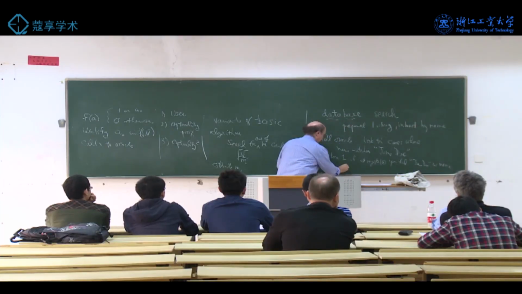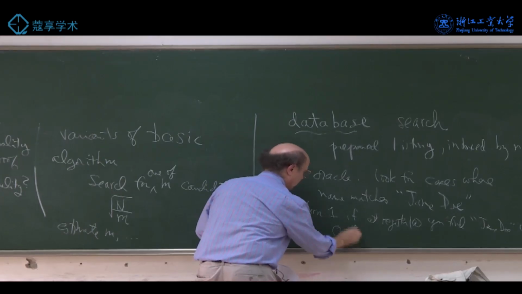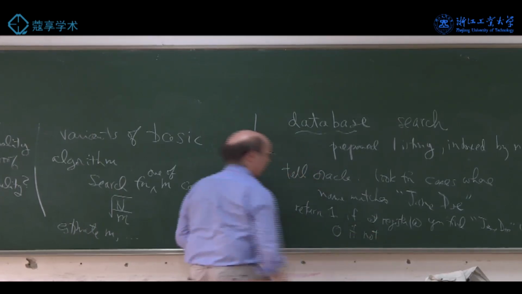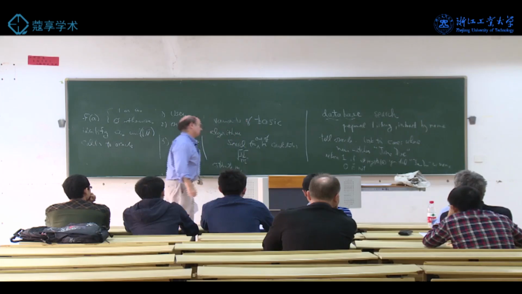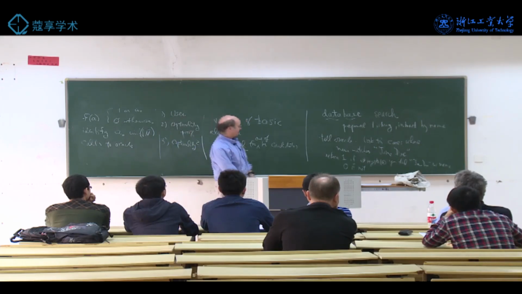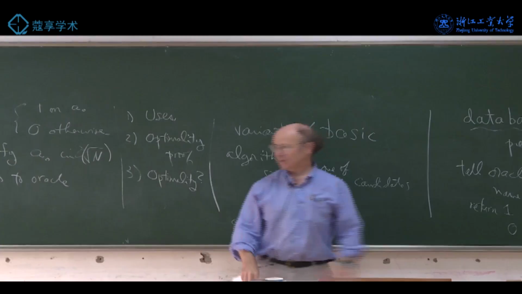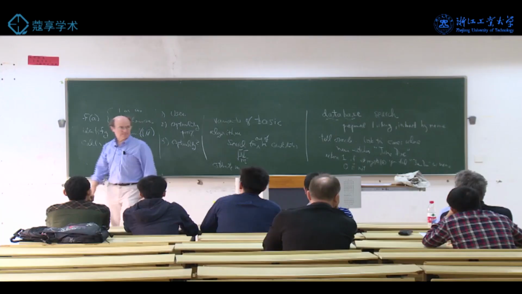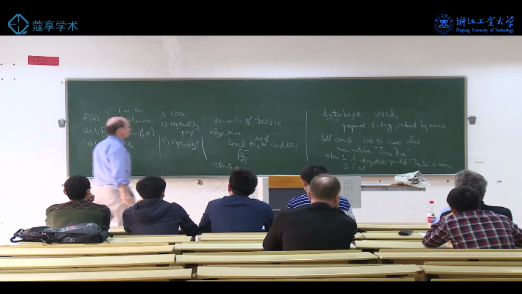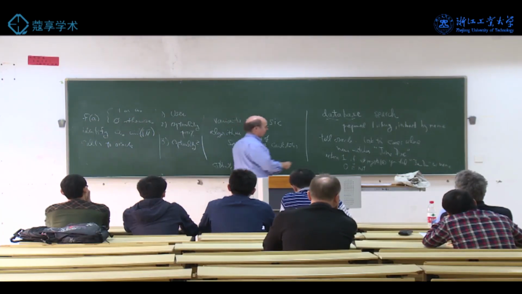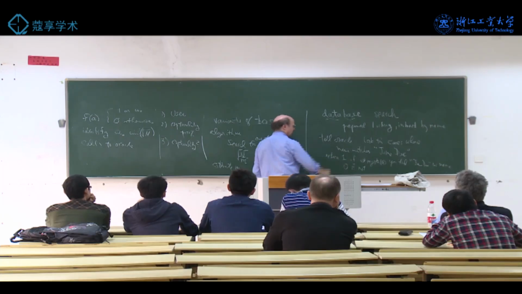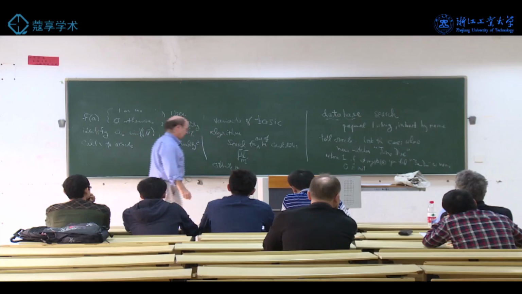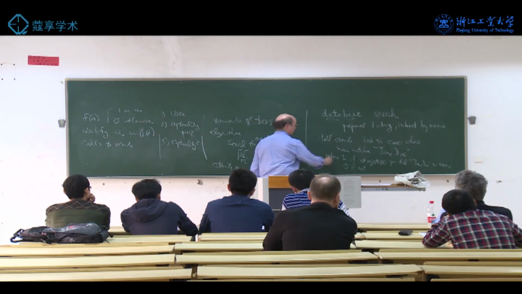And 0 if you find anything else as the name. And that gives you an oracle which is exactly of this structure. So the oracle is going to return 1 or 0 depending on whether you find Jane Doe or not.